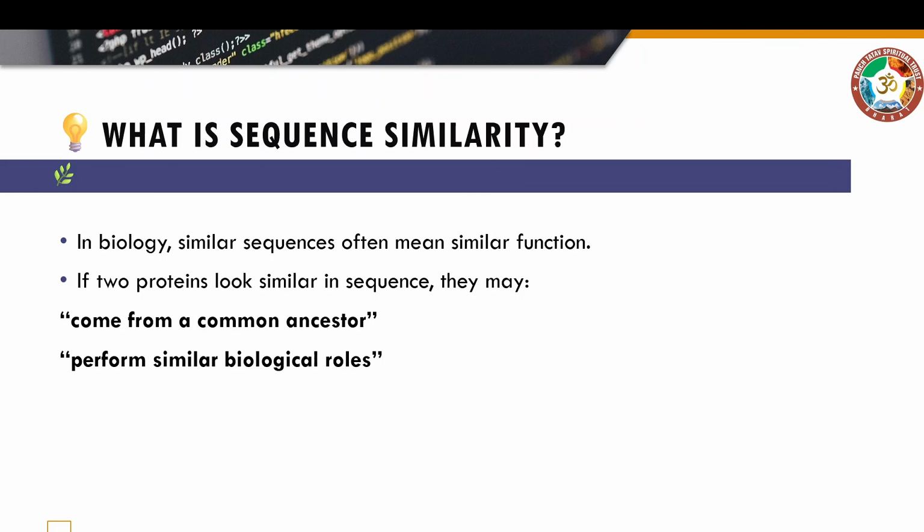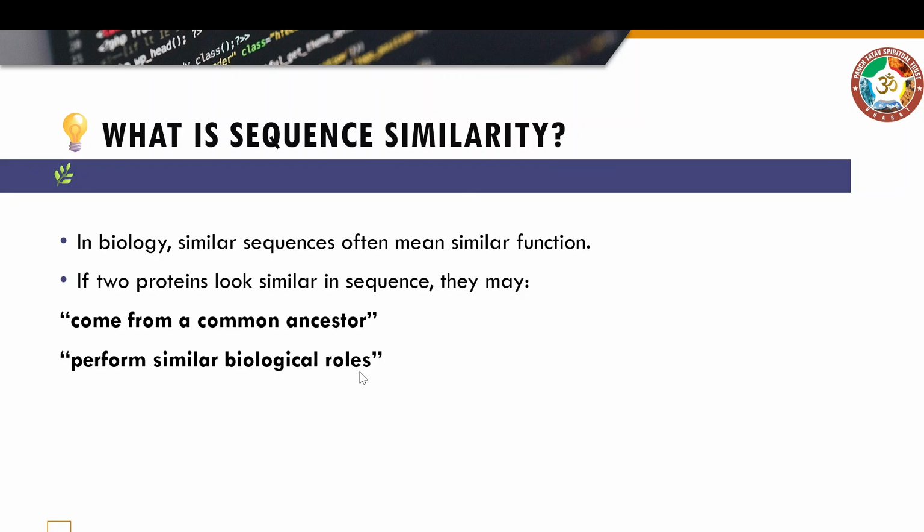First of all, let us understand what is sequence similarity. In biology, similar sequences often mean similar function. If two proteins have similar sequences, they may have come from a common ancestor and perform similar biological roles.